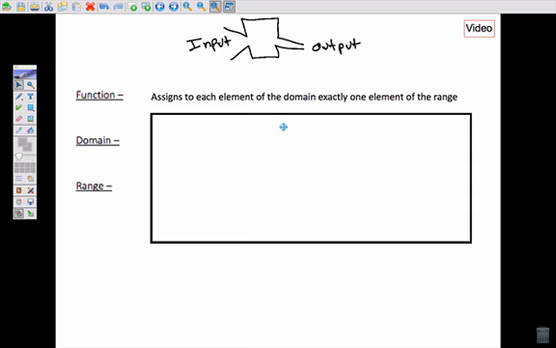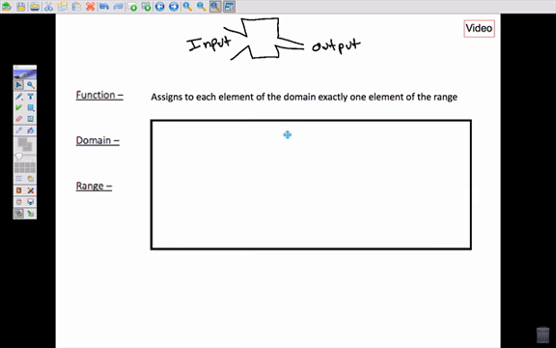So a function assigns each element of the domain exactly one element of the range. And the key there is exactly one element of the range. That's where in class we talked about how one person can only have one favorite color.